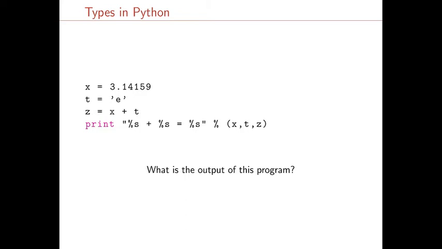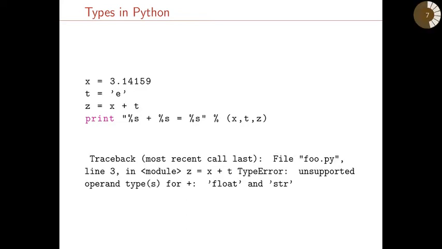Okay, let's look at the output of this program. It actually outputs an error message. It says in line 3, where we assign to z the result of x plus t, we get a type error. Python says we have an unsupported operand type for plus. We have float and string.